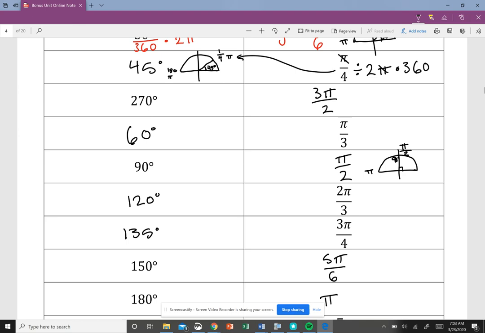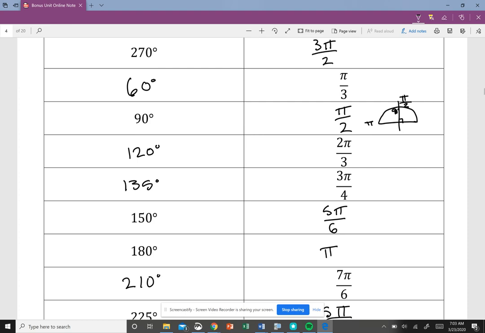So hopefully this is starting to make sense to you. So 3 pi/4, if I was looking at this, I would want 3/4. So here's pi, here's 1/4, here's 2/4, here's 3/4 of pi. So this would be 135 degrees from there.